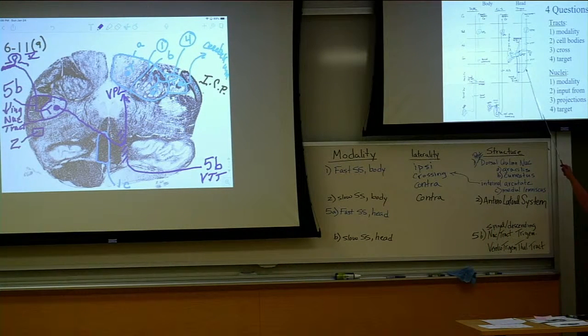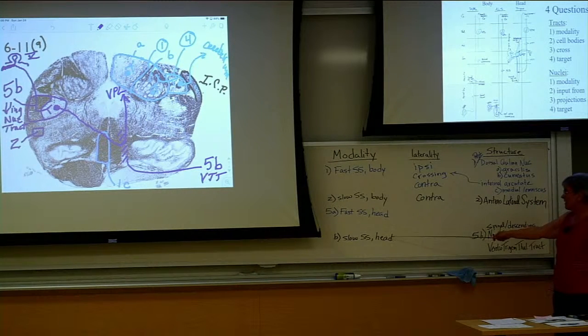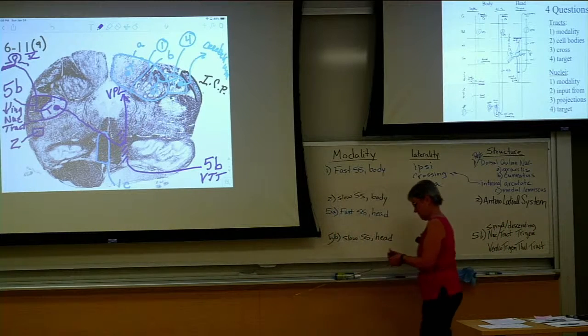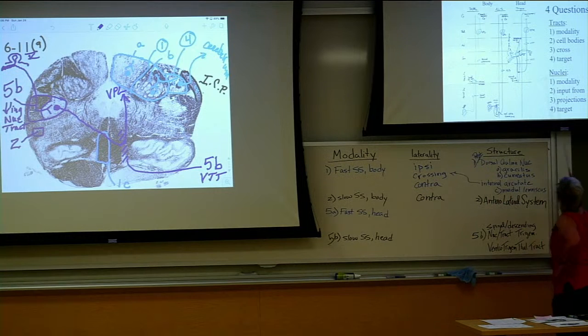So now let's answer all of our questions for this tract. Okay, modality of the VTT. Well, that's going to be slow somatosensory information for the head. Cell bodies. Where are the cell bodies of these axons right here?